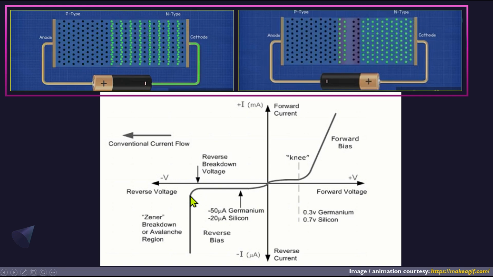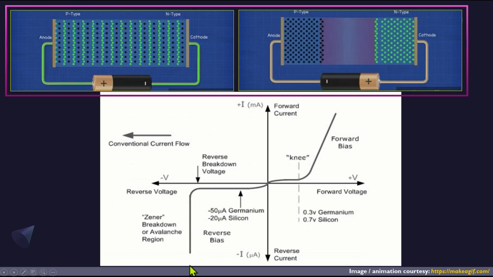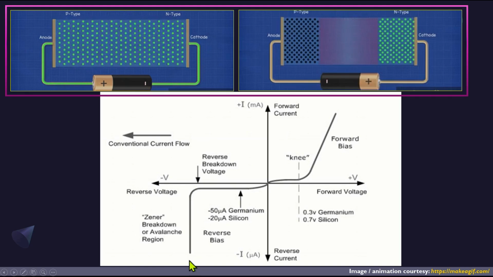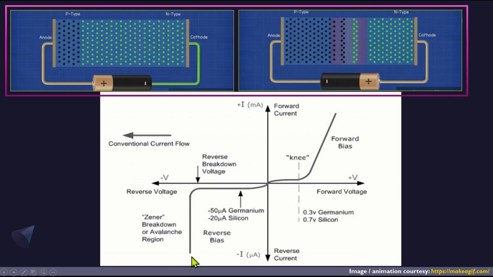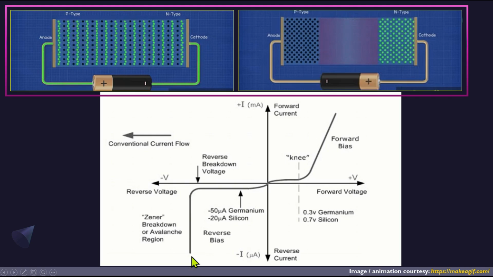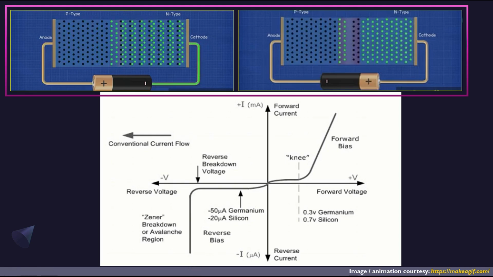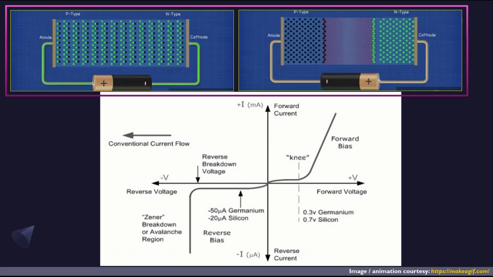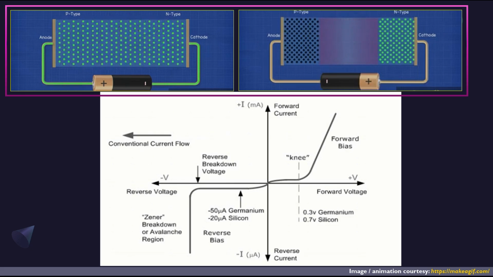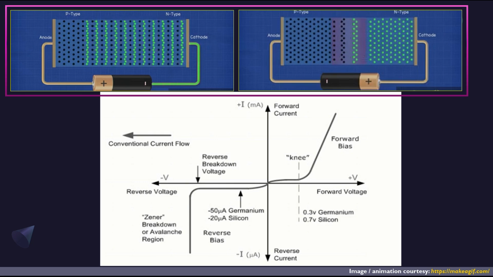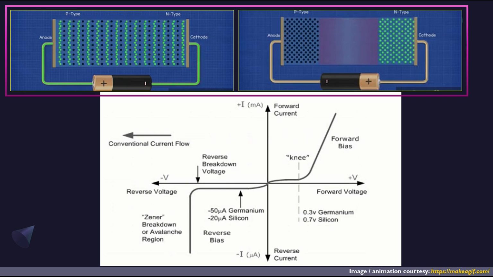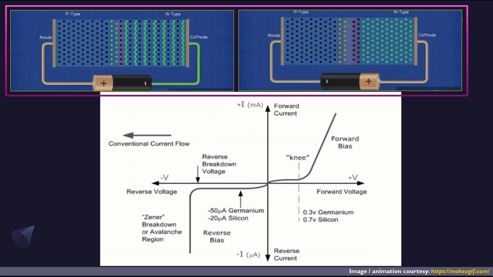Now, as you can see here, there is a sharp increase in the current. This sharp increase occurs when we provide a very high amount of reverse bias voltage, which creates a high collision of the holes and electrons, and which will finally generate a breakdown.